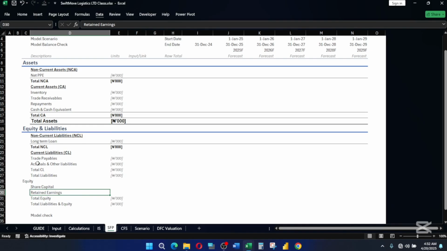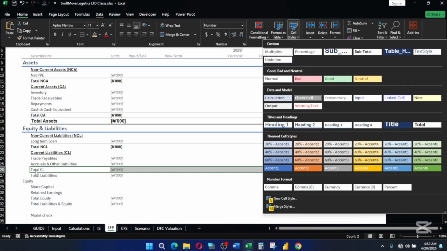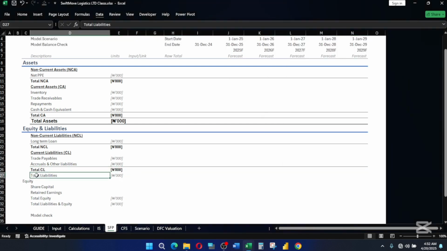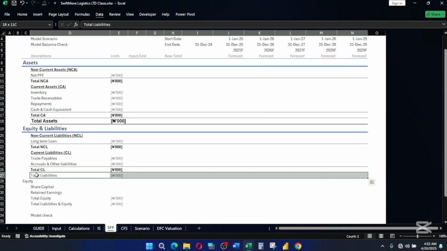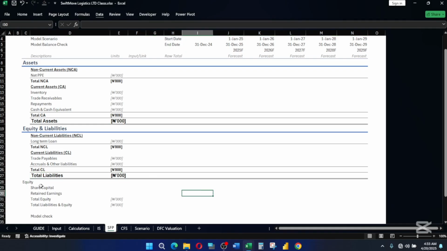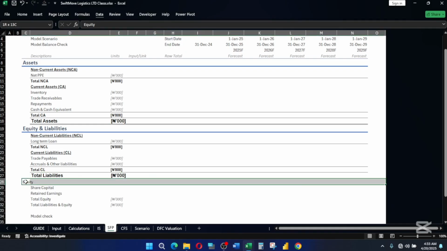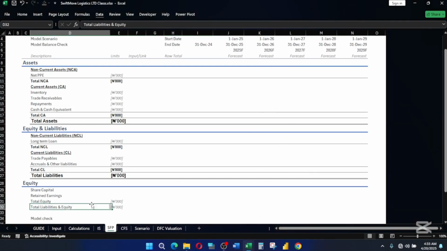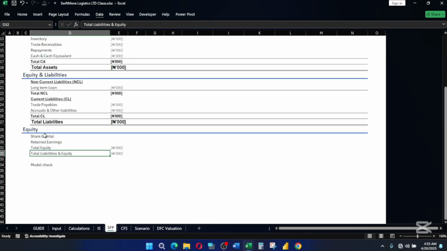So we have this here, and we have subtotal. Then we apply the total style. Here we apply the heading one style. The share capital, earnings.